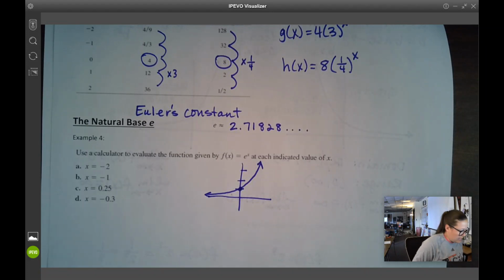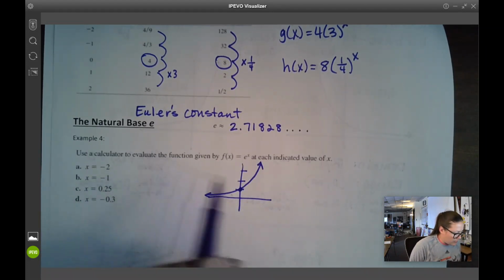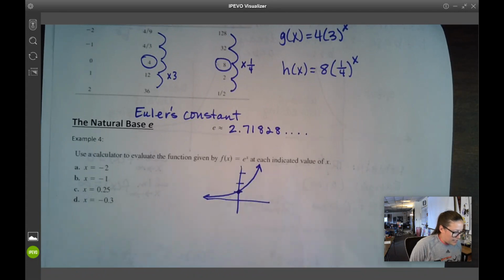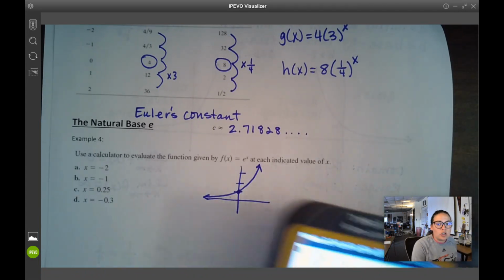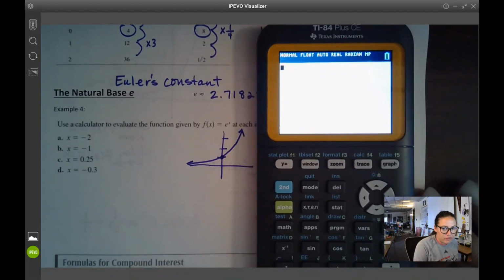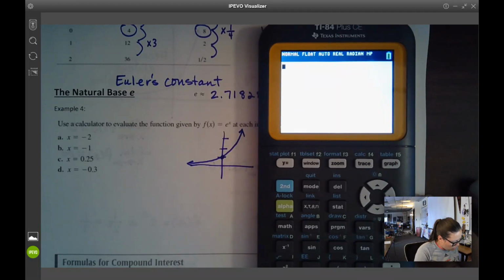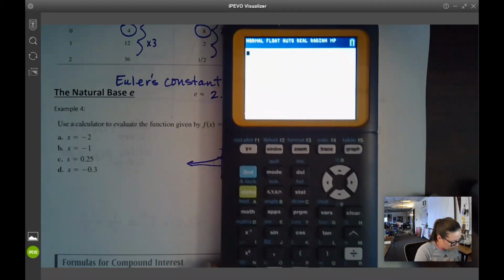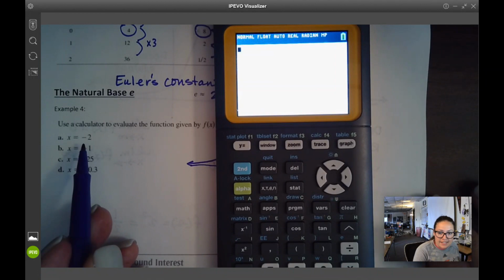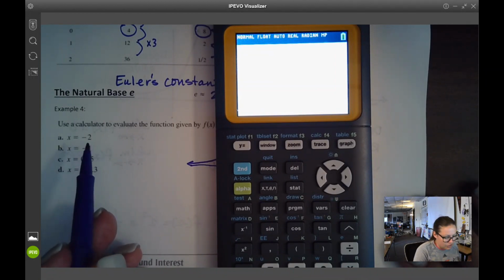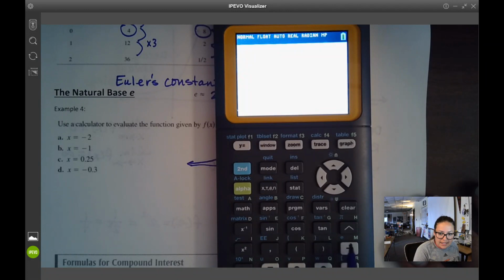Okay, so the example says, use a calculator to evaluate the function f of x equals e to the x at each indicated value of x. So I'm just going to show you where you can find e on your calculator, and then we'll punch these in. Okay, so we have x is -2, so I need to do e to the -2. So you should see the division symbol, and if you don't have a calculator, pause the video and grab a calculator.